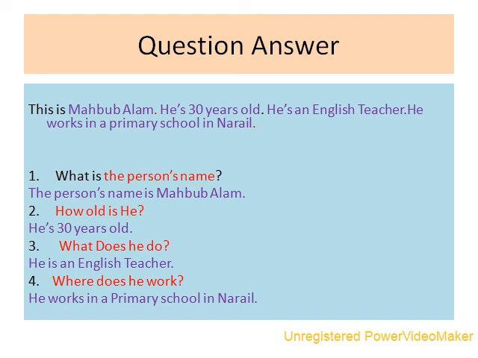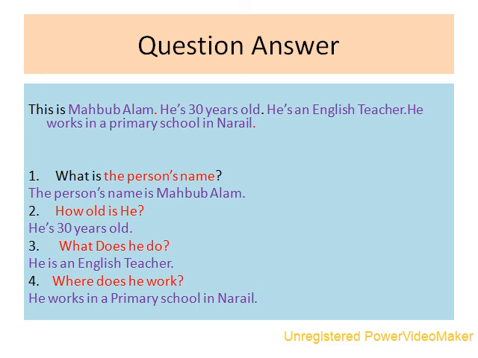Number two, how old is he? You can take the answer directly from the passage, sentence number 2. He is 30 years old. Number 3. What does he do?